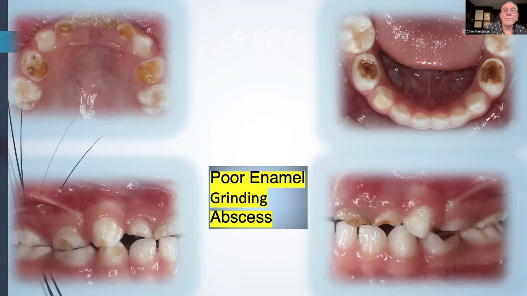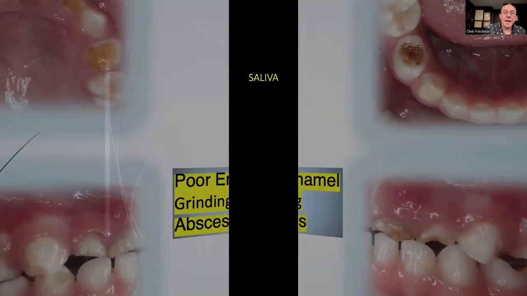And this little boy was able to get full care done, not under general anesthetic, with just infiltration anesthesia, no mandibular blocks. And he was able to get a full mouth rehabilitation done, and is very happy for it, and hopefully will never get another cavity through the rest of his life.